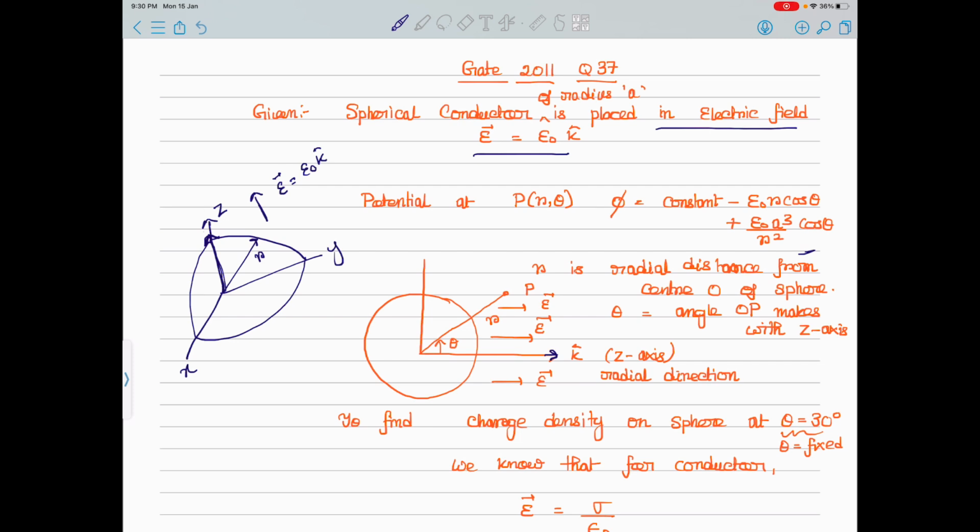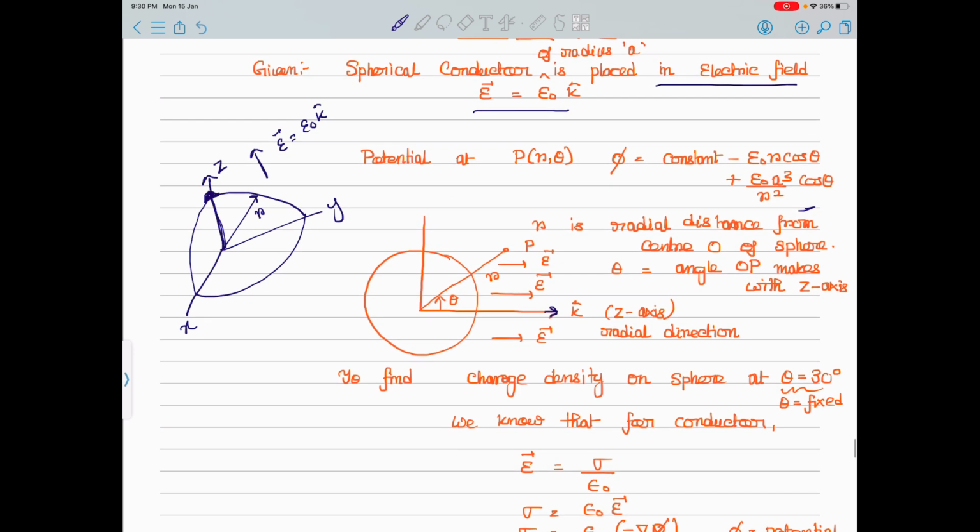So we don't need to consider the theta and phi direction variation in the electric field. To find the charge density is our main motive. As I have told, theta is 30 degrees, which is fixed.